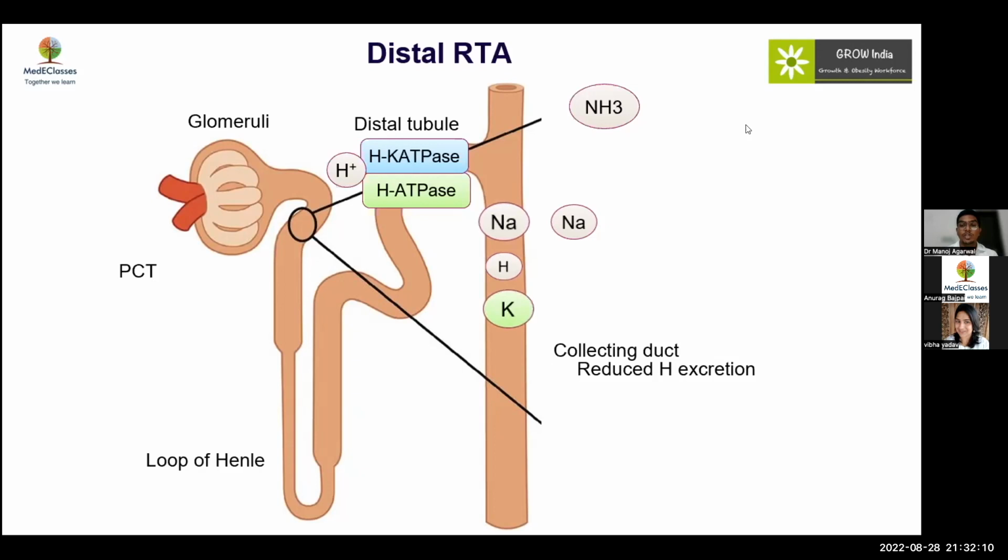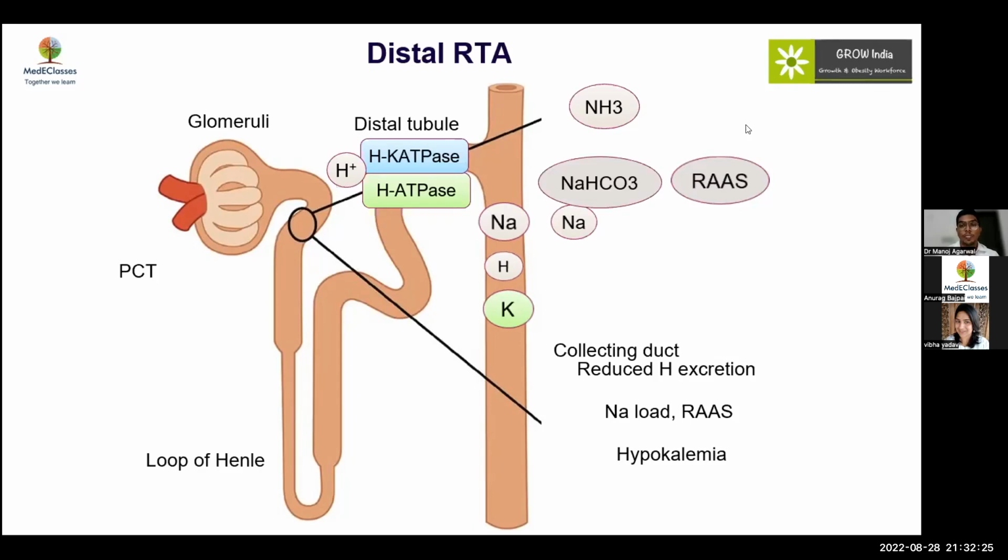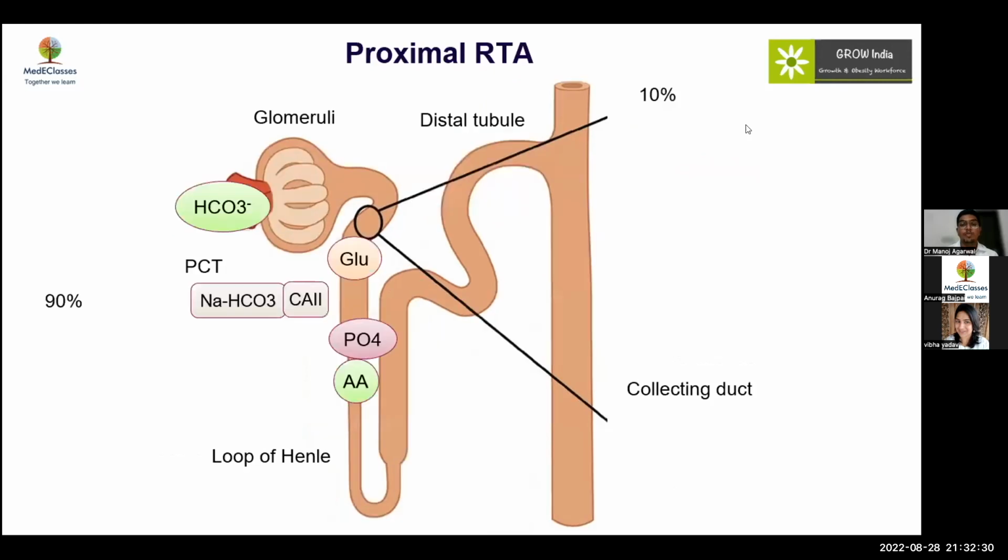So there will be reduced H plus excretion from the collecting duct, and there will be hypokalemia, and there will be hypotension. So in this condition, if we treat, then after correction of the acidosis, hypokalemia will be normal. And this condition mainly improves with the treatment.